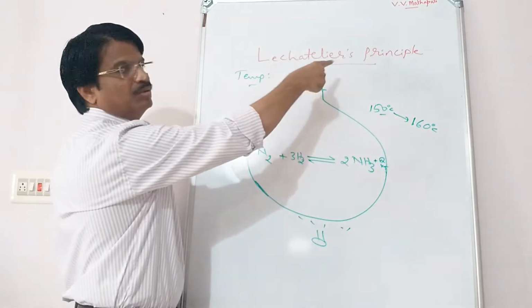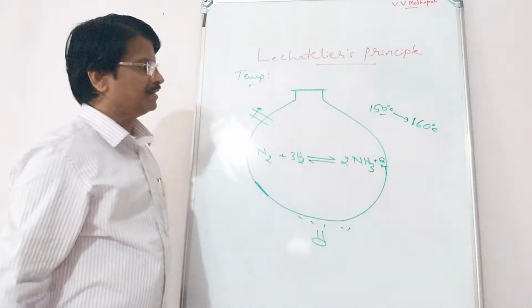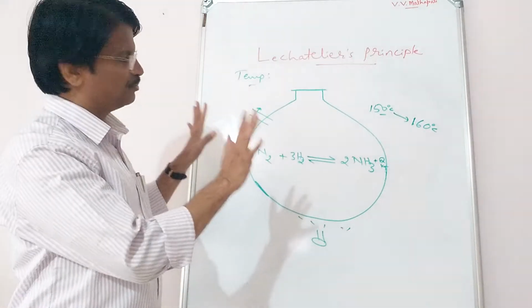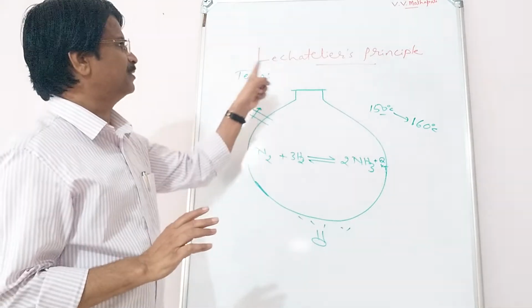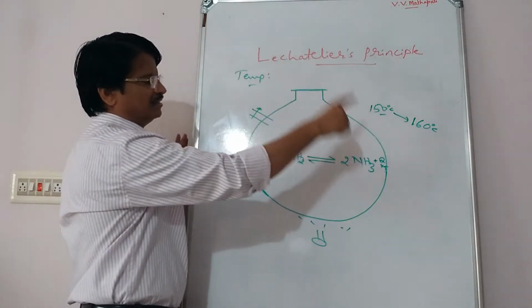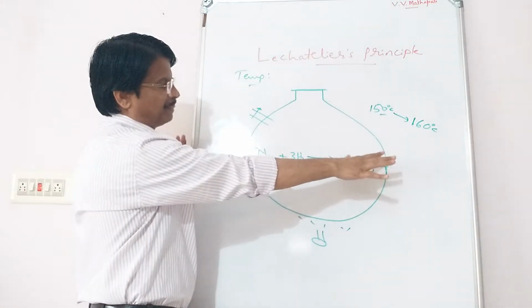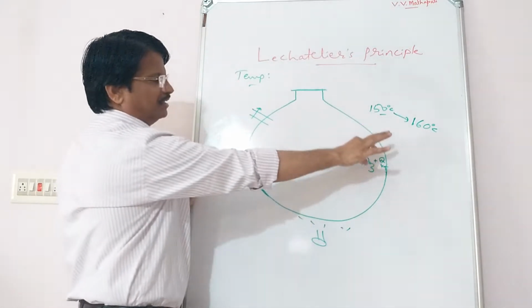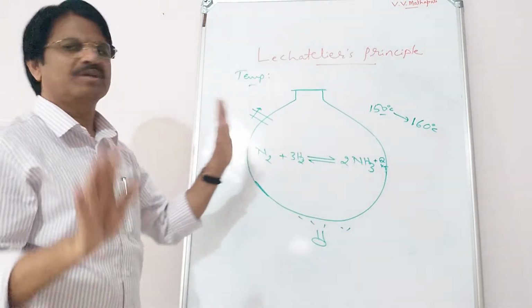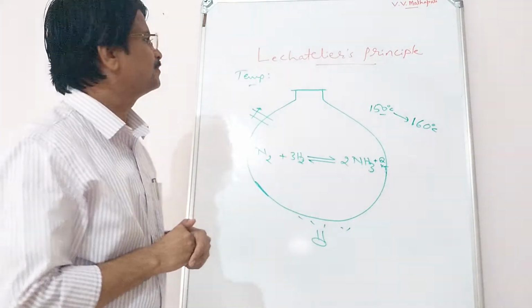That is according to Le Chatelier's principle. Take any example and apply this method. While explaining the effect of temperature, consider heat, whether the forward reaction is exothermic or endothermic. If that is not given, you cannot answer such questions.